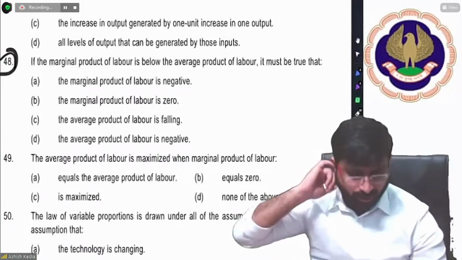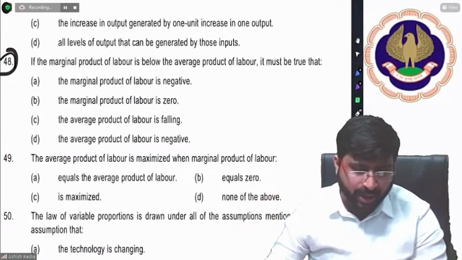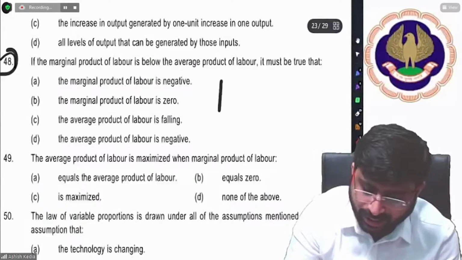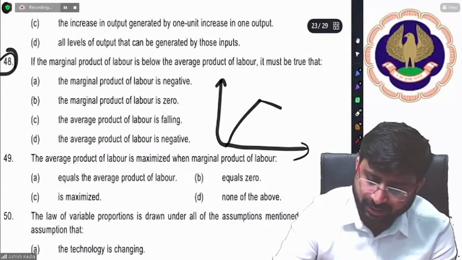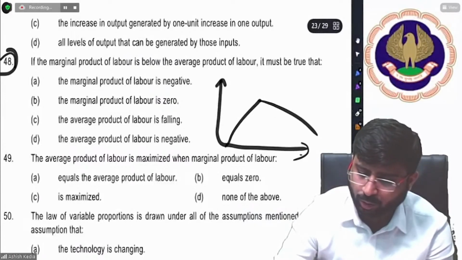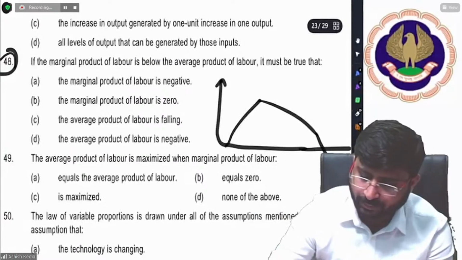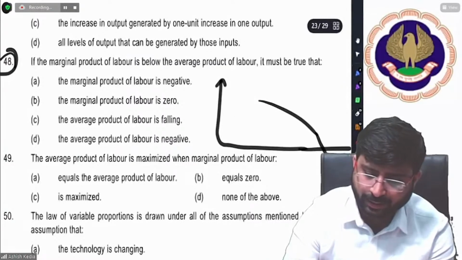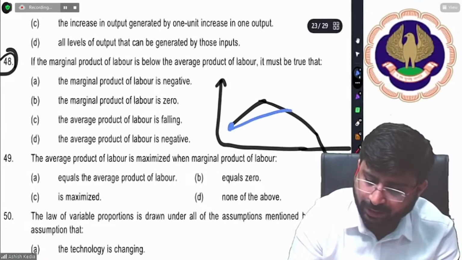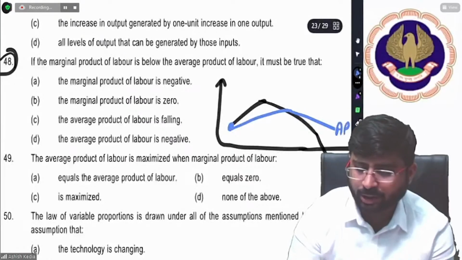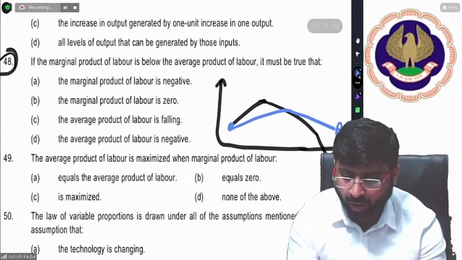See, now if the marginal product is below average product, let's draw the diagram. You see what we drew. It's like this, and MP will go down now, negative. As far as AP is concerned, for the first unit it will be same, and then it touches and goes down here. Now, what is the question talking about?